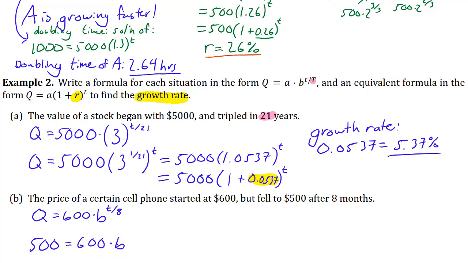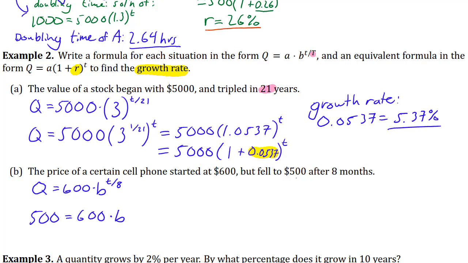So yeah, what is this 8 monthly growth factor here? To get that, what do you multiply 600 by to get 500? You just divide both sides by 600 here, and you'll get 5 divided by 6. Okay, so that's the b.